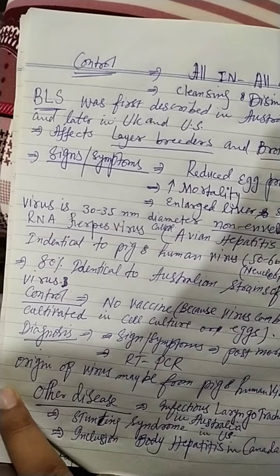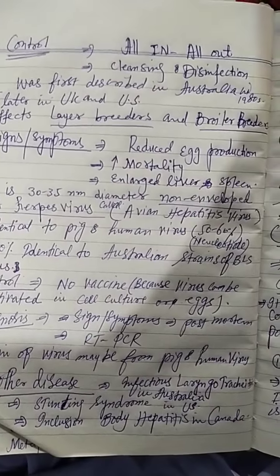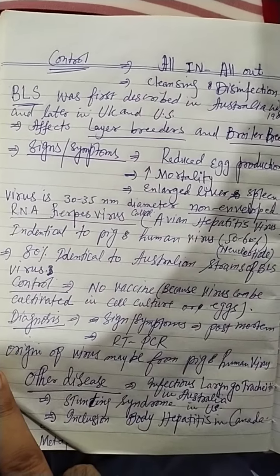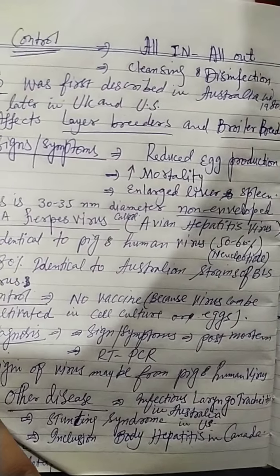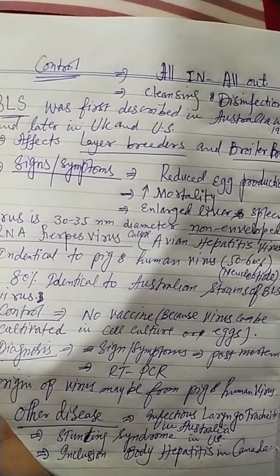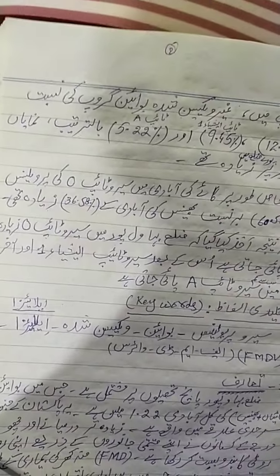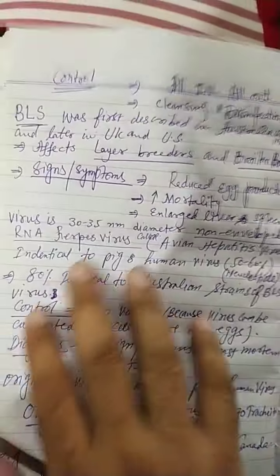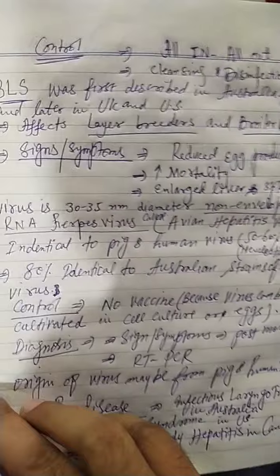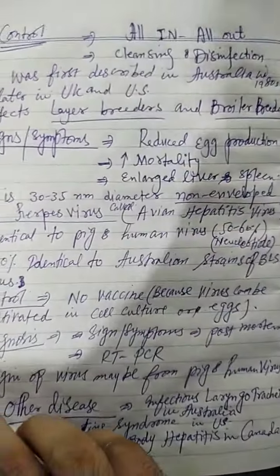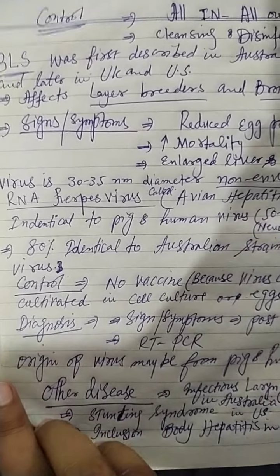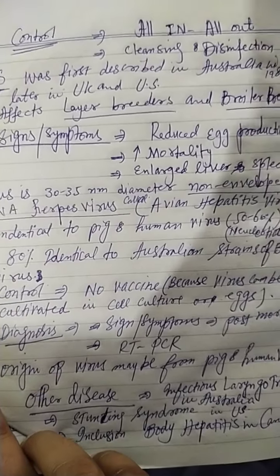Control: there is no vaccine available because the virus cannot be cultivated in cell culture and eggs.